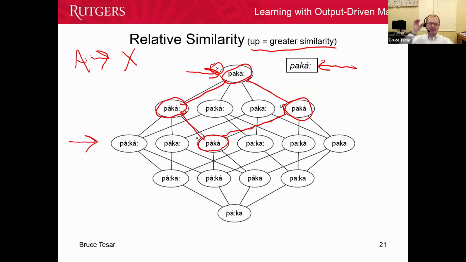You know that a particular input goes to an output, then anything above it must also map to the same output. If you're willing to introduce two disparities to get to the output, then you should be willing to introduce just one of them.